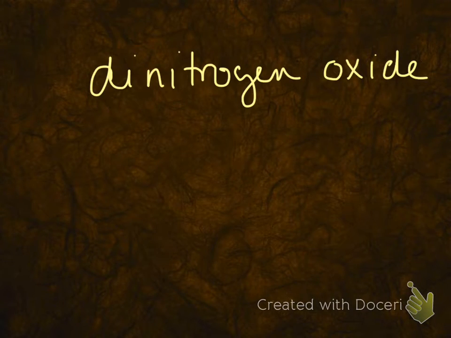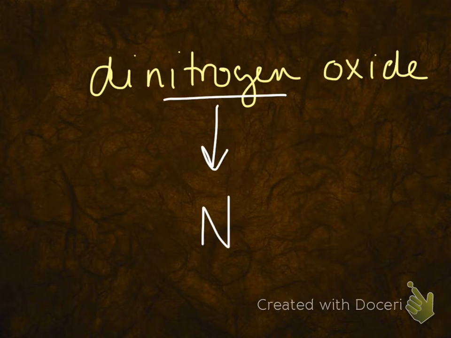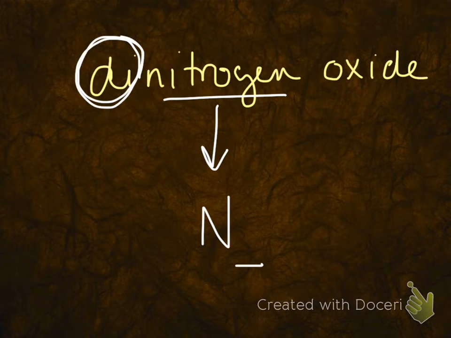Now, let's go the other way. So, when given a name for a molecular compound, you've got 2 jobs. The first is to identify the individual elements that are in it. Well, I have nitrogen, so that's going to be N, and there's going to be some subscript. The subscript is given by the prefix.